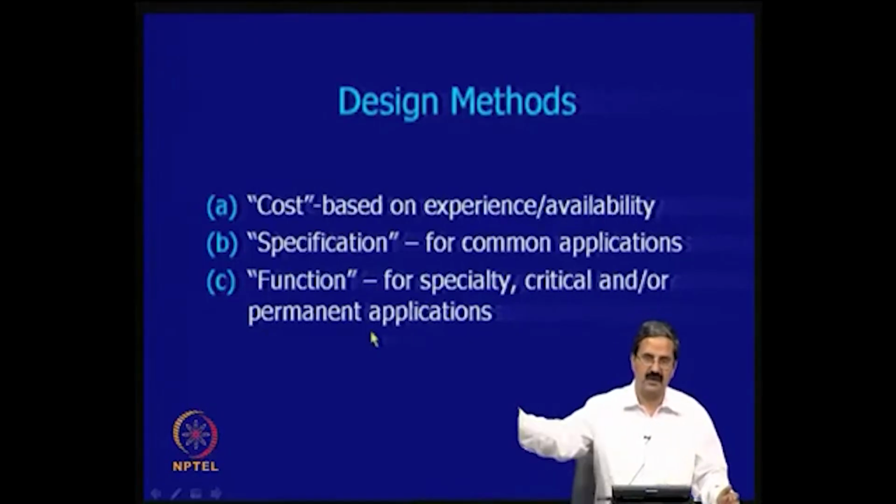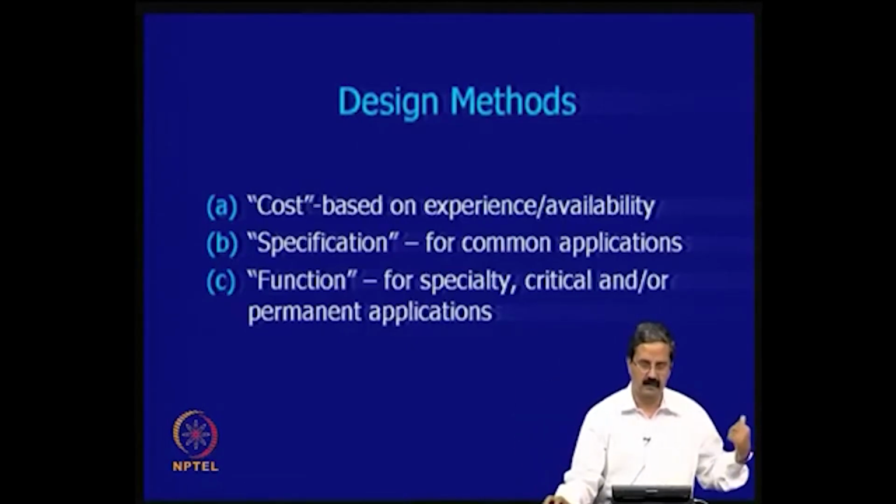You are trying to construct a reinforced earth wall near Yeshwanthpur or Mekri circle or whatever nearby: exactly what is the traffic load, what are the other forces of the earth pressure that are coming. So, you can exactly design what should be the spacing, what should be the length of the geogrid, what should be the filter media there, everything one can design. So, that is an example of the function.